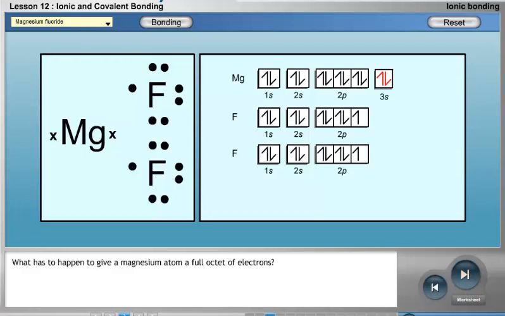What has to happen to give a magnesium atom a full octet of electrons? Answer: the magnesium atom has to lose 2 electrons to get the stable octet structure of neon. What has to happen to give each fluorine atom a full octet of electrons? Answer: each fluorine atom has to gain 1 electron to get the stable octet structure of neon.